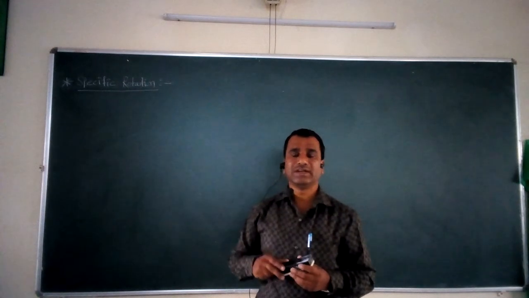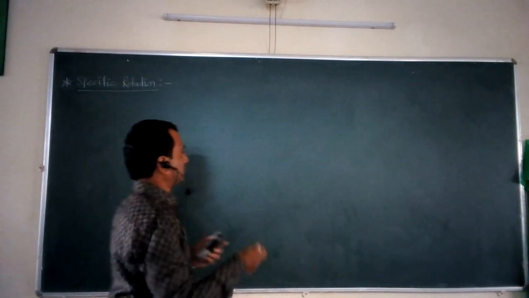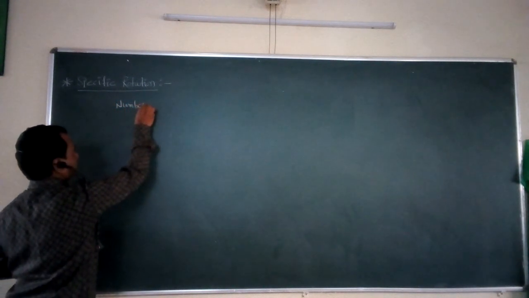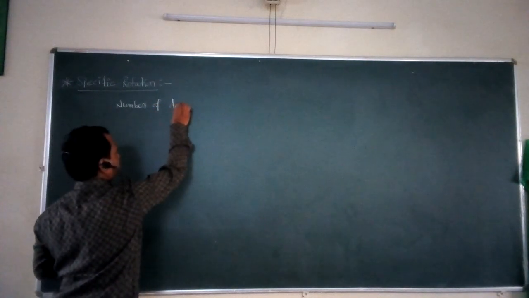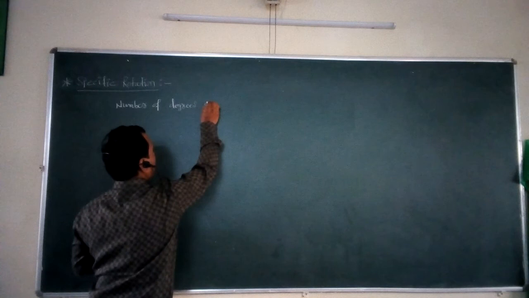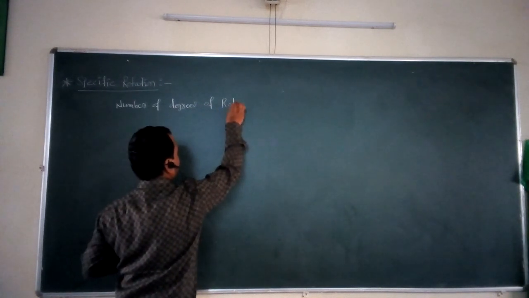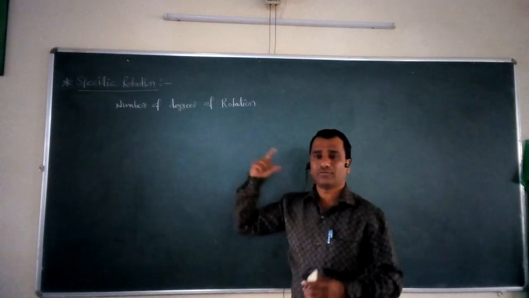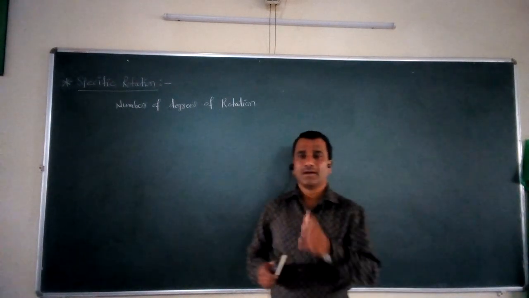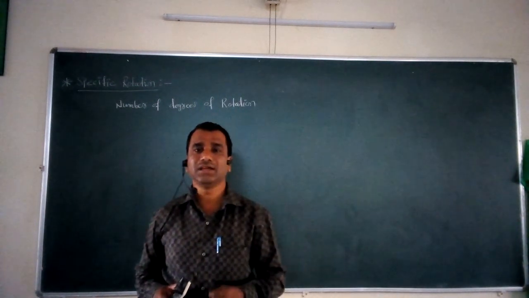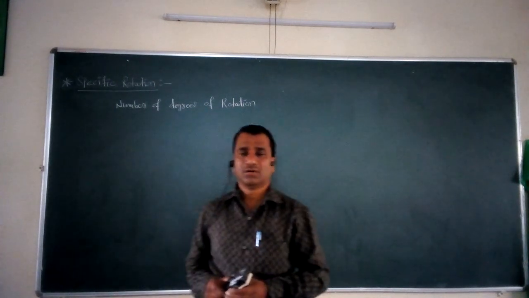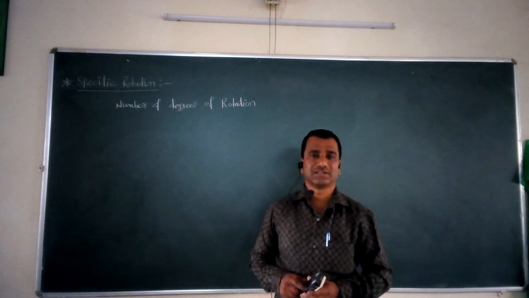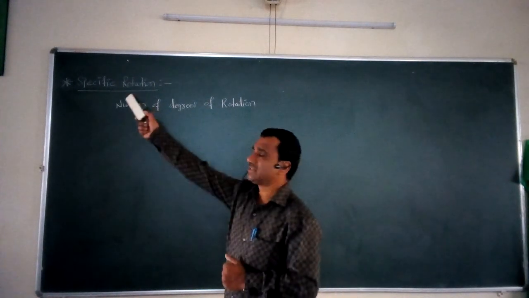Whenever we consider the number of degrees of rotation by a given solution containing 1 gram of compound per ml, then that number of degrees of rotation can be treated as the specific rotation.